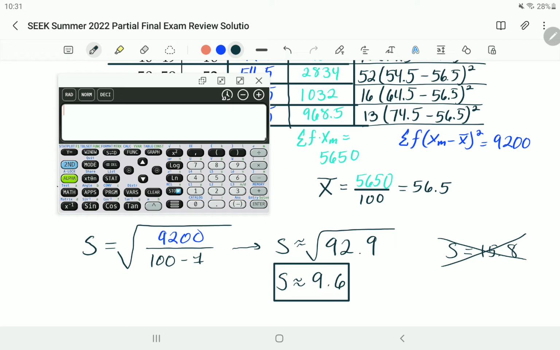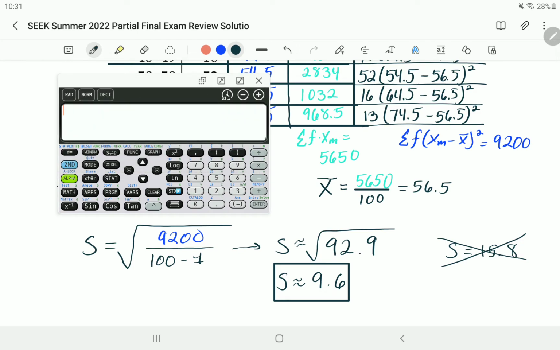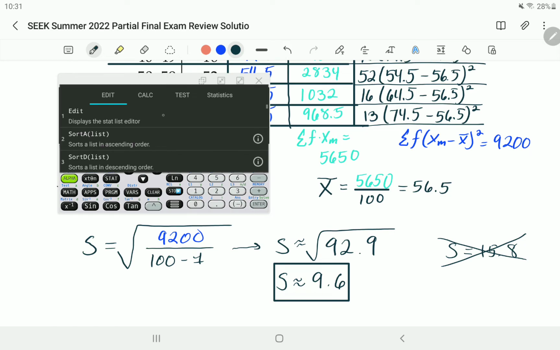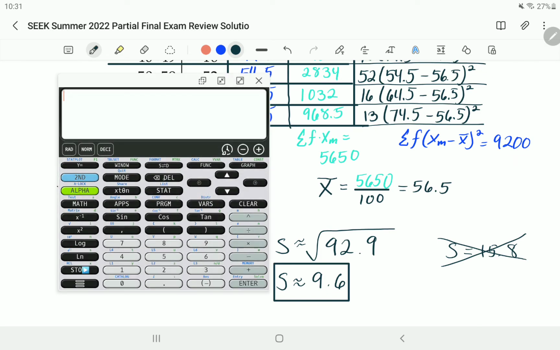Now, to do this in your TI-84 calculator, you're going to go to second, go to stats. Oops, I lied. Hit stats first without hitting second. Go to edit. Edit your list. If you notice, this is the same exact information that I put in when I wanted to find the mean. You must find your midpoints first. L1 is midpoints. L2 is frequency.